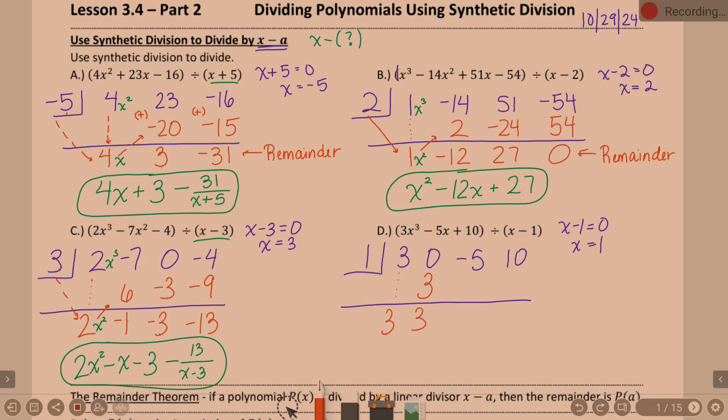And then I'm going to multiply. 1 times 3 is 3. This is a lot of 3's. Then we're going to add. Negative 5 plus 3, negative 2, something different. And now we're going to multiply. 1 times negative 2, negative 2. And 10 plus negative 2 is 8.